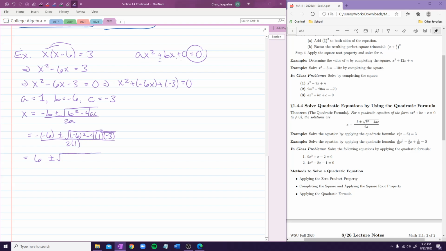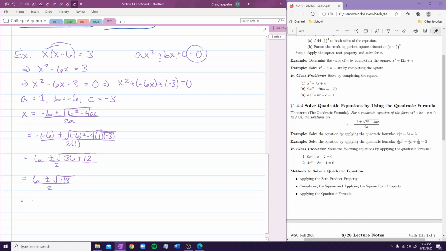Negative 6 quantity squared is 36, and then negative 4 times 1 times negative 3 is positive 12, all over 2. So I'm left with 6 plus or minus the square root of 36 plus 12, that's 48, all over 2.